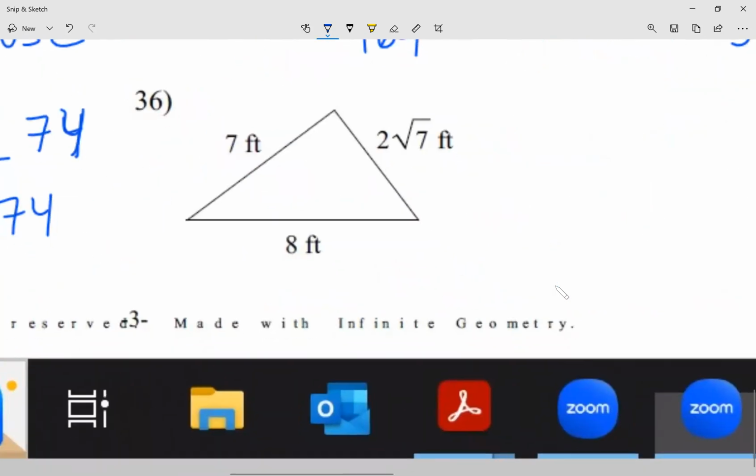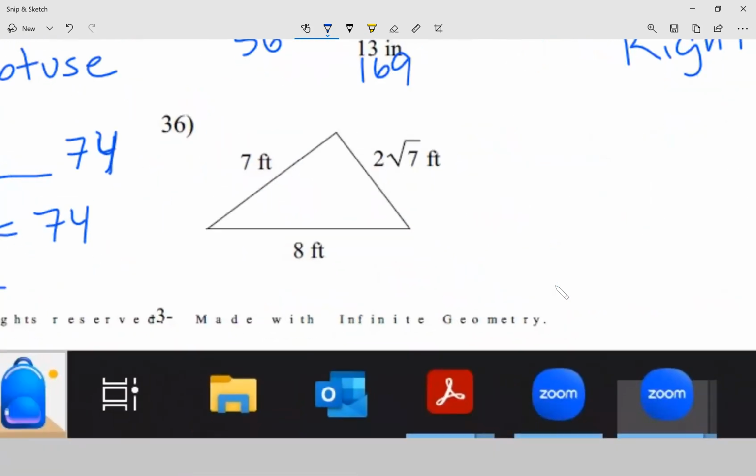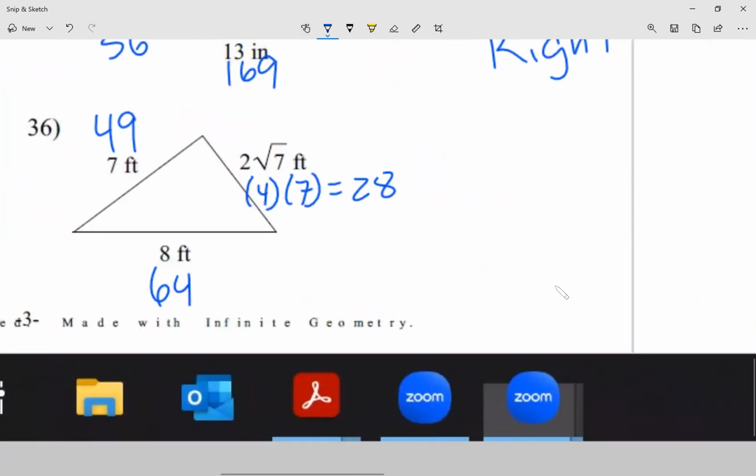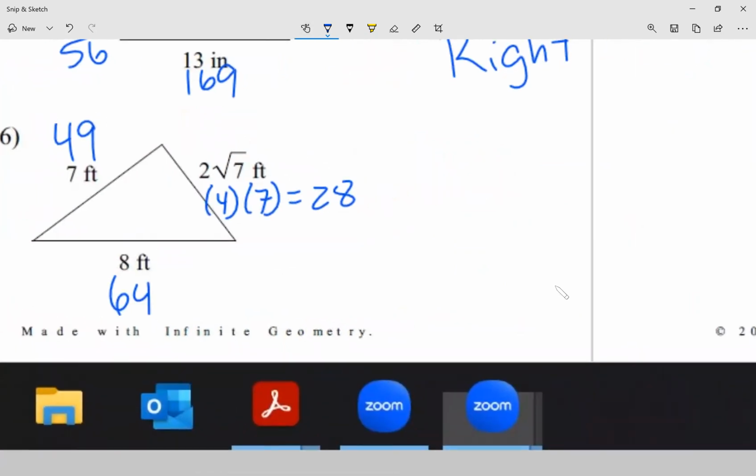Let's take a look at number 36. Let me square everything. So 49, 64. Now here, if it's only the 2, it will be 4. If it's only the radical, it will be 7, because it's both, 28. Okay. Let me add the two small values. 28 plus 49.